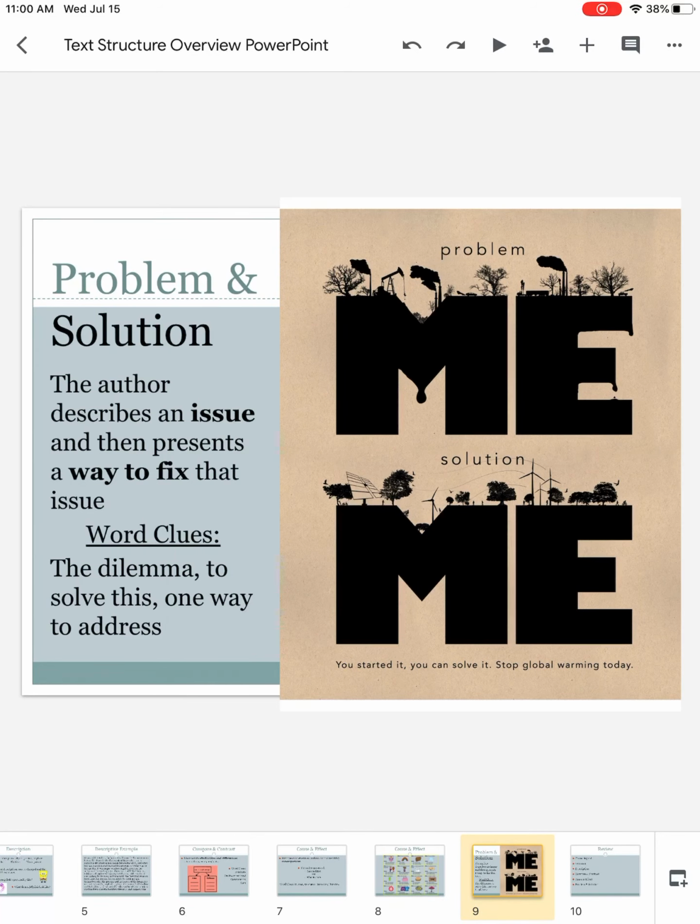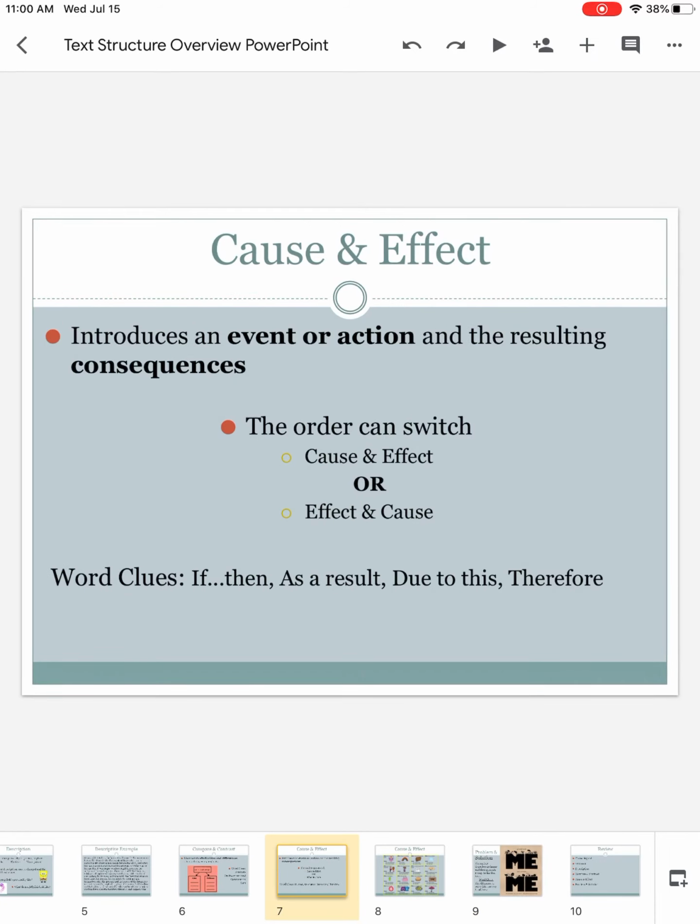Last one here is problem and solution. The author describes an issue and then presents a way to fix the issue. Word clues: the dilemma, to solve this, one way to address this. We'll see words like problem, issue, solution. That'll help us out. Do be careful differentiating between problem and solution and cause and effect.